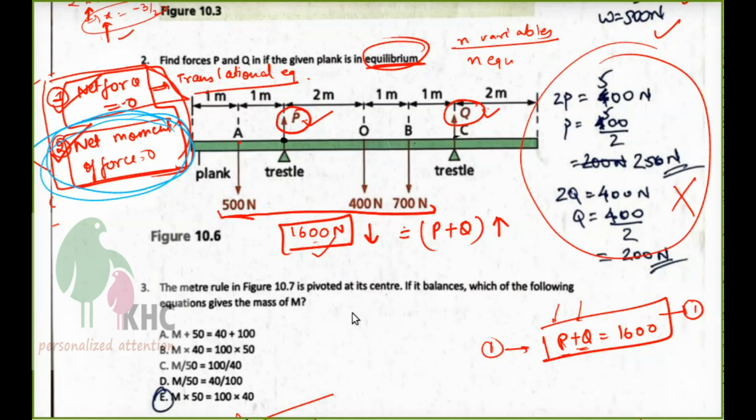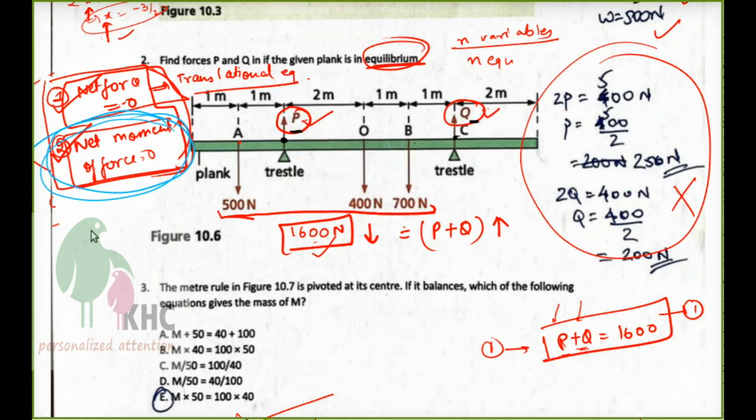Why so? Because if you take P or Q as the point about which you write the moments, then a great thing happens. You know neither P nor Q, so one of these variables is not going to come into your equation. Why?